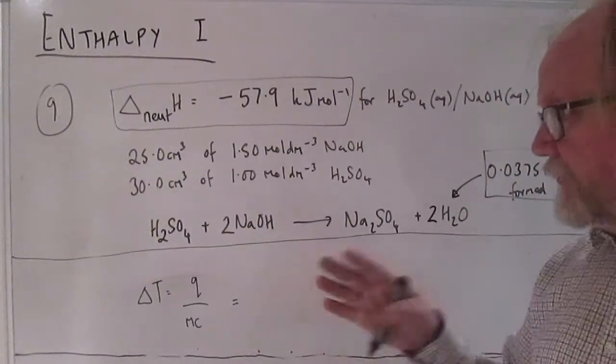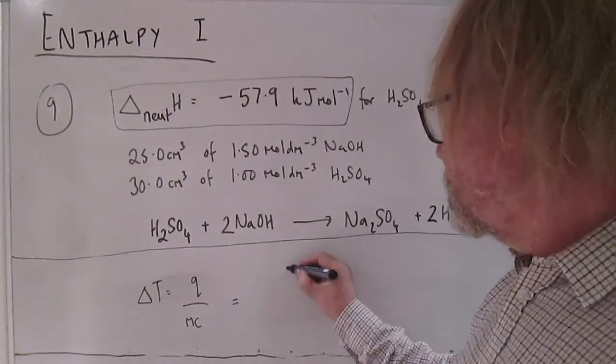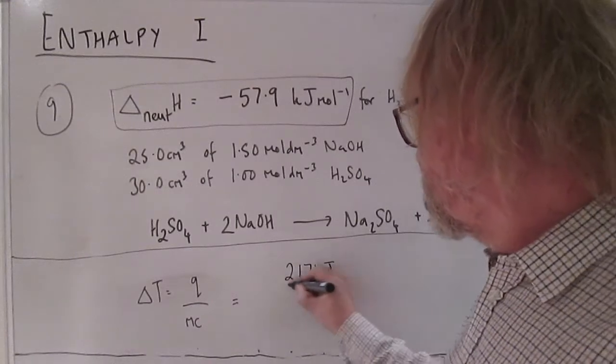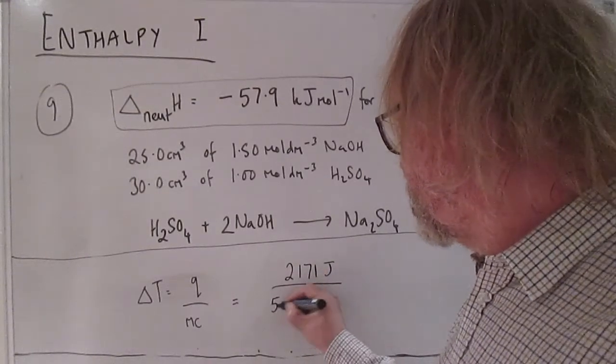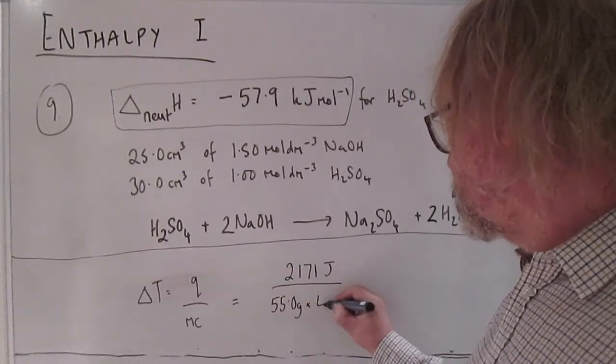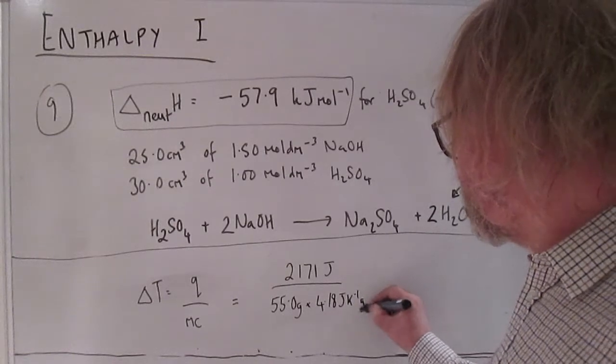So finally we can feed those numbers into this expression that we had for delta T. Q was 2,171 joules, we'd worked out. M is 55.0 grams, and C, as always, is 4.18 joules per Kelvin per gram.